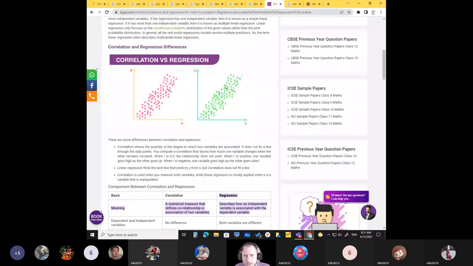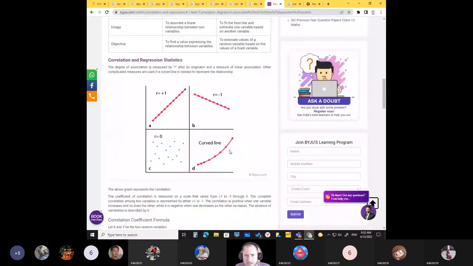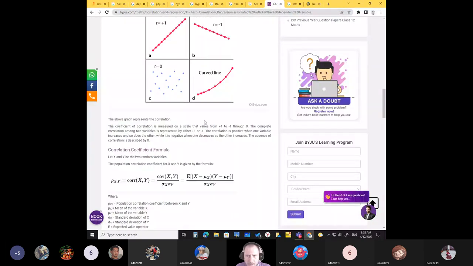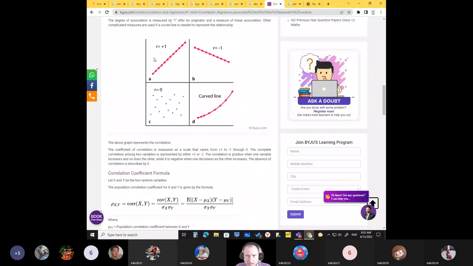In regression, we measure the relationship between how much is it moving, and then we can say there is a strong relationship, weak relationship. Okay, so let's see. In this example, example C, no relationship, right?